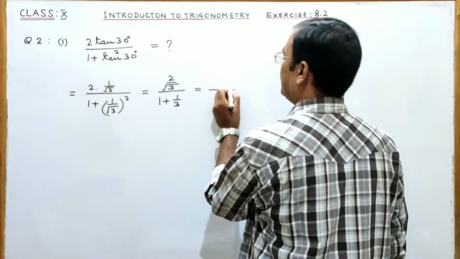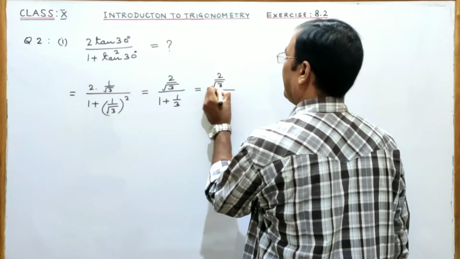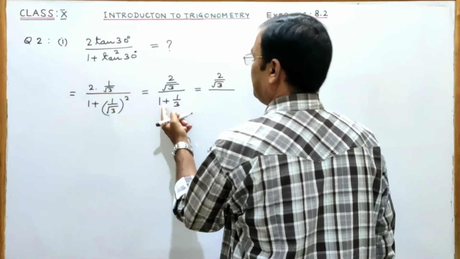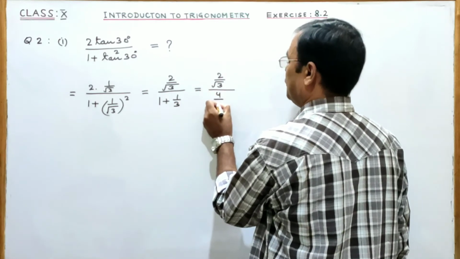This is equal to 2 by root 3 divided by 1 plus 1 by 3, which is 4 by 3.